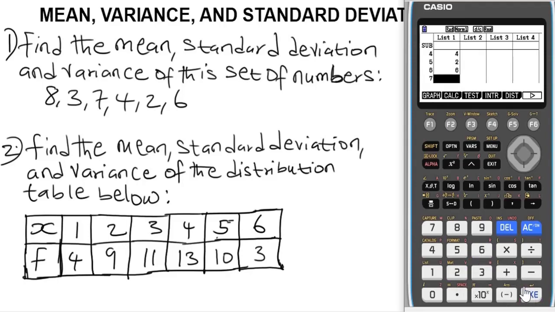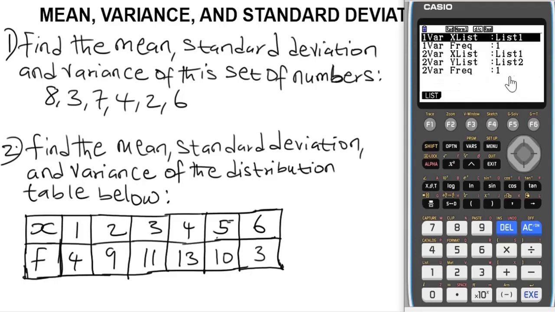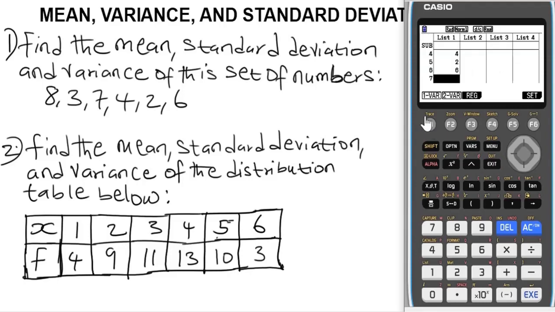Now go to calculation F2, then go to set F6. When you get here, ensure that the one variable frequency is 1. So we are good to go. Now press exit, then press F1 for one variable and it will display the answer.